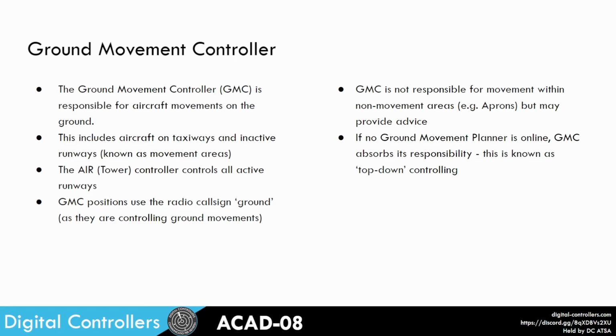If no ground movement planner, which we discussed in the last ACAD, is online, the GMC will absorb its responsibility. And this works all the way up the chain. This concept is known as top-down controlling.